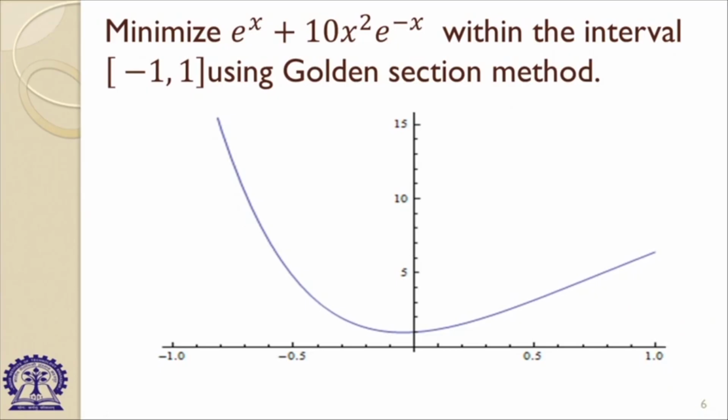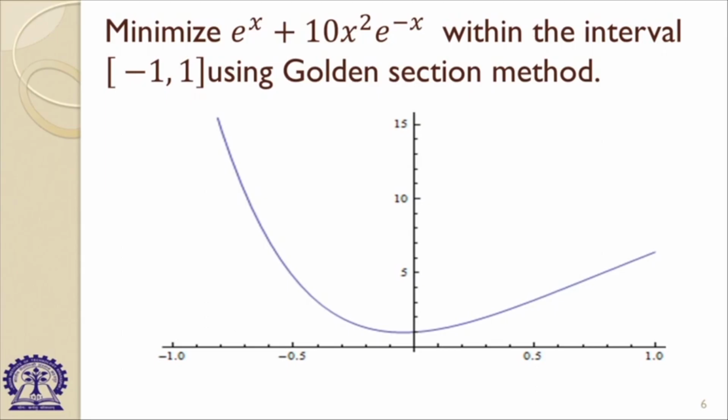Now let us try to find the minimization of the function e to the power x plus 10 into x square e to the power minus x. If we look at the functional description, the function is very complicated in nature, because there is involvement of the exponential functions e to the power x and e to the power minus x.